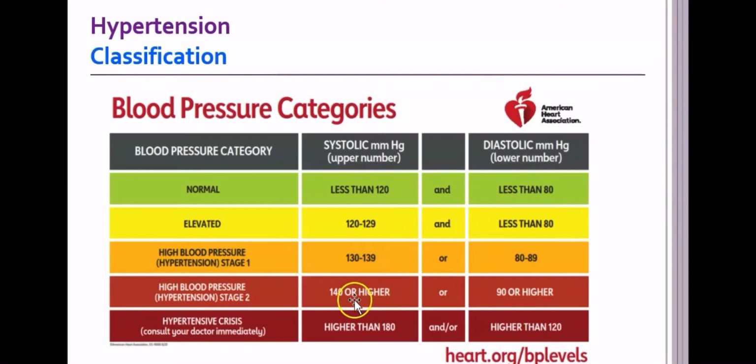So if the patient is 130 over 96, they're actually going to fall into this category of stage 2. So this is a great graph to look at. Please save this. Please refer back to it.